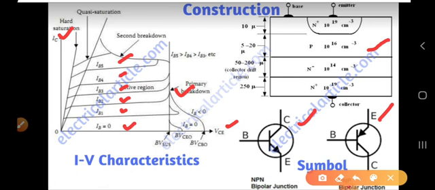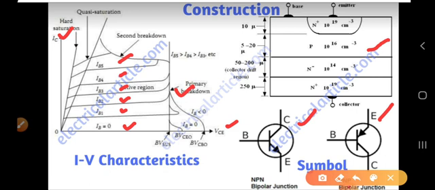When you want to check the current characteristics while applying the voltage, the base current needs to be changed. You have to start with the initial value, that is 0. When you apply base current 0, what current is coming across the collector? When you slightly increase the base current step by step, we observe how the collector current changes.